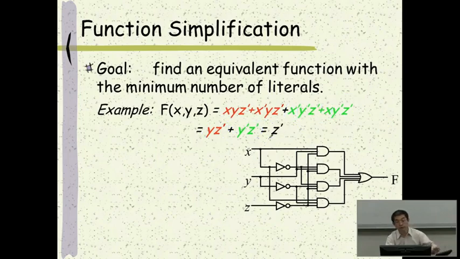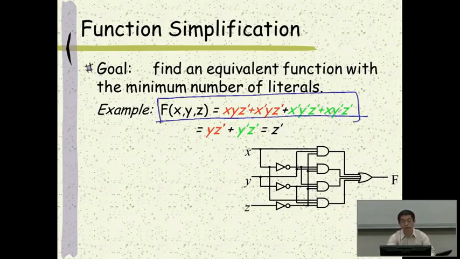So what this simplification procedure tells us is that this function is equivalent to the complement of z, which means that I can implement the same thing by this part. Instead of getting f from here, I can get f from here. They're equivalent.